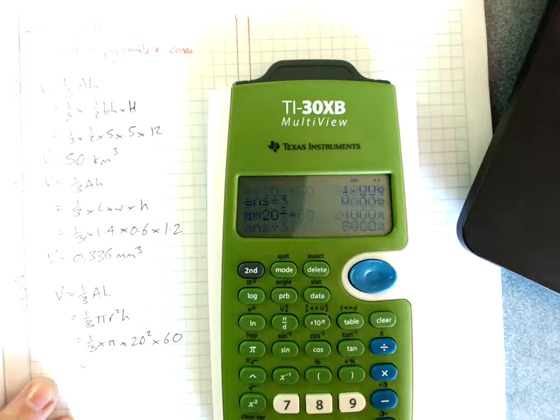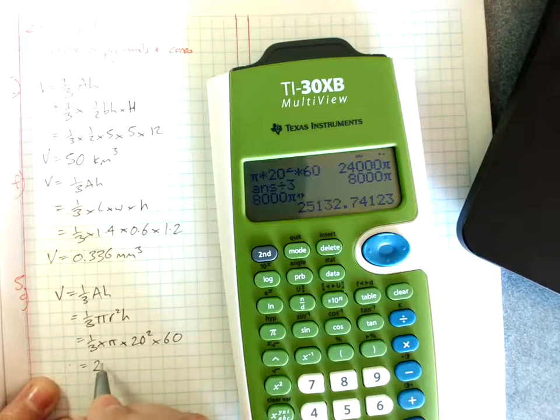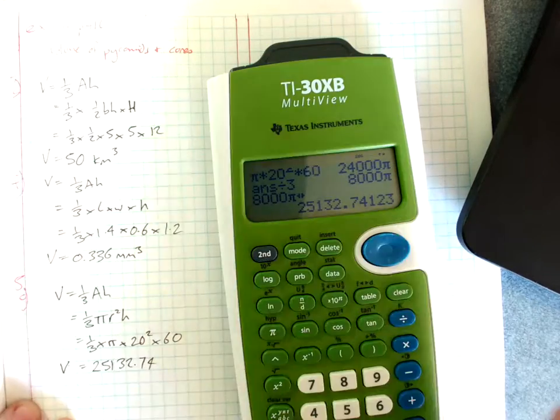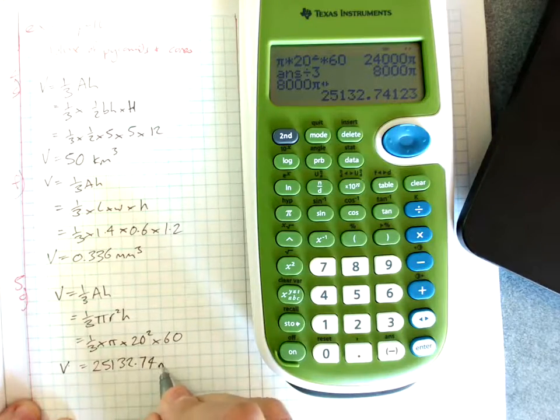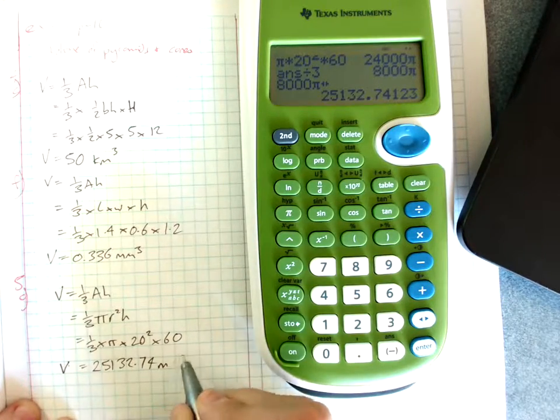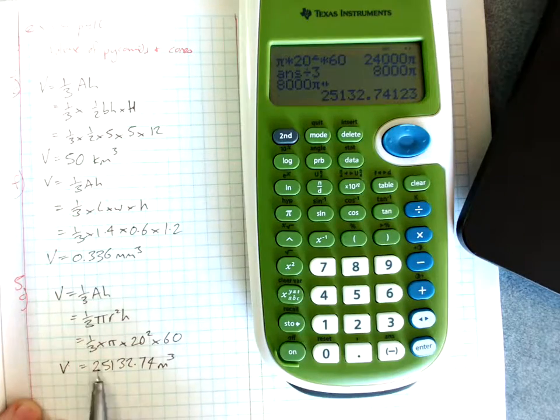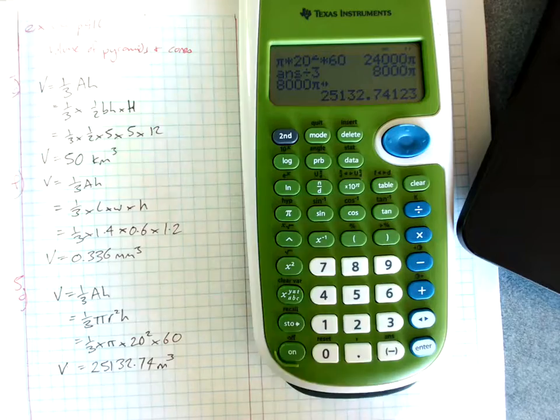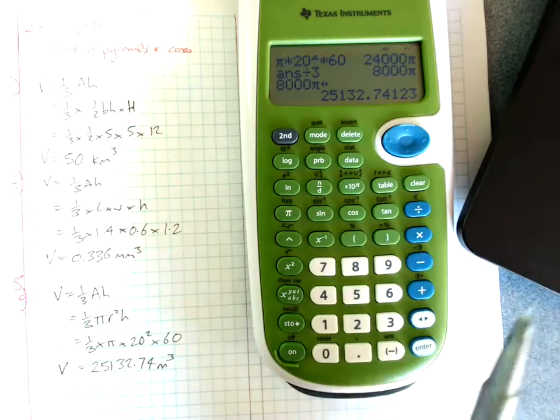Two decimal places. Meters cubed. Notice we get quite a large volume, especially with anything involved with a circle. It's often surprisingly large.